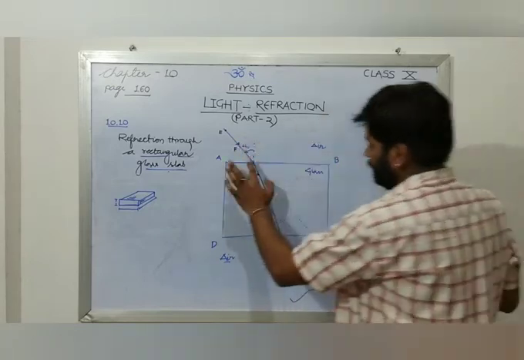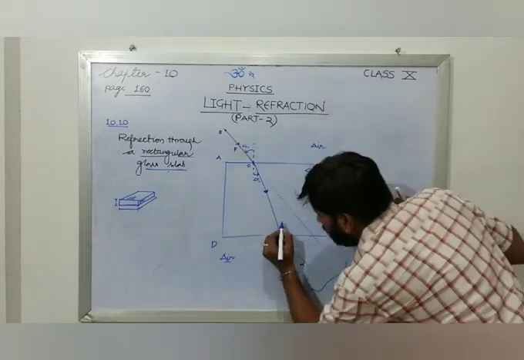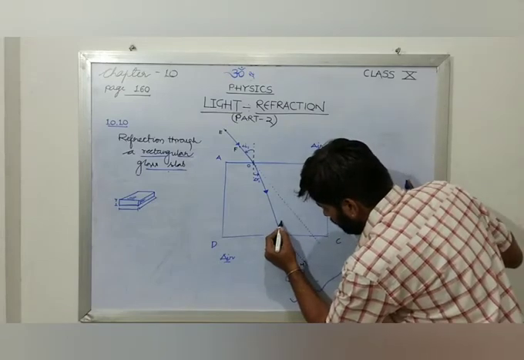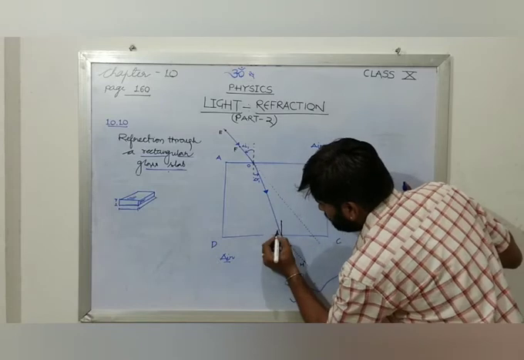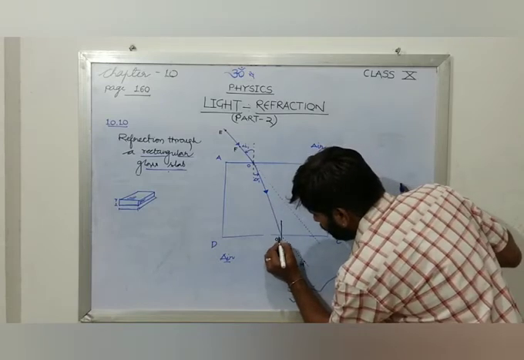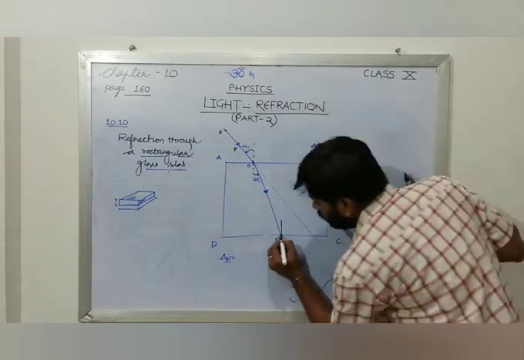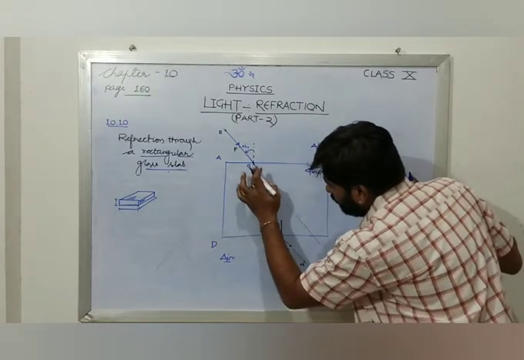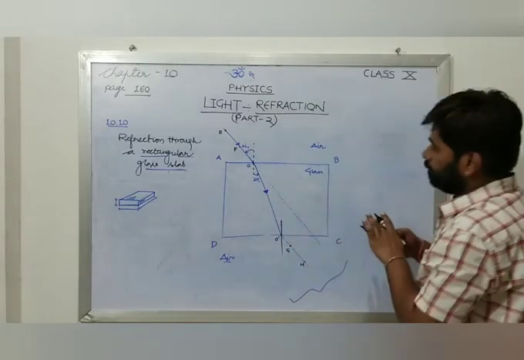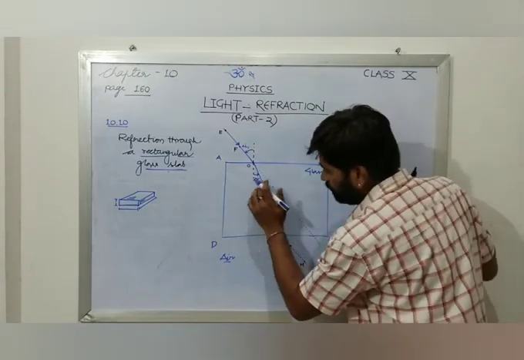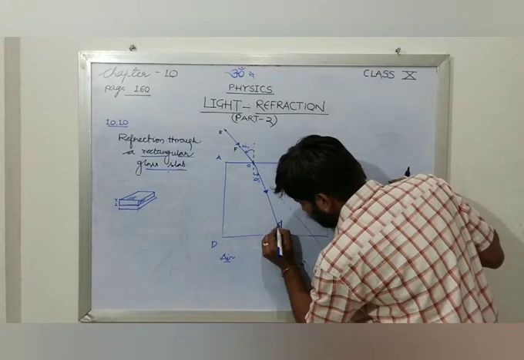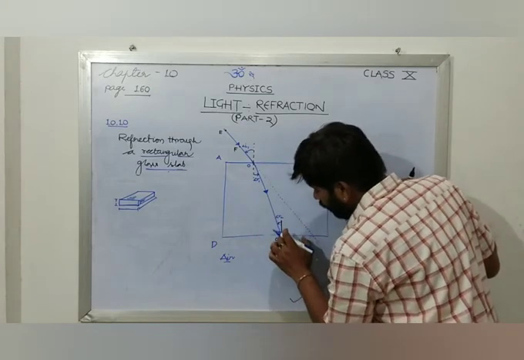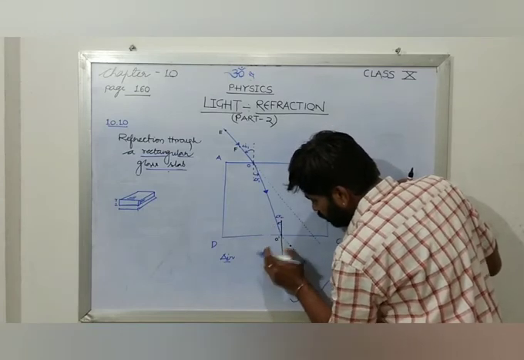But now, one more normal will be here, because we have a point of incidence here. Say this is O dash. Now we have to join O and O dash. Once we join them, we get an angle of refraction R1 and at the same time an angle of incidence, say R2, for glass to air.